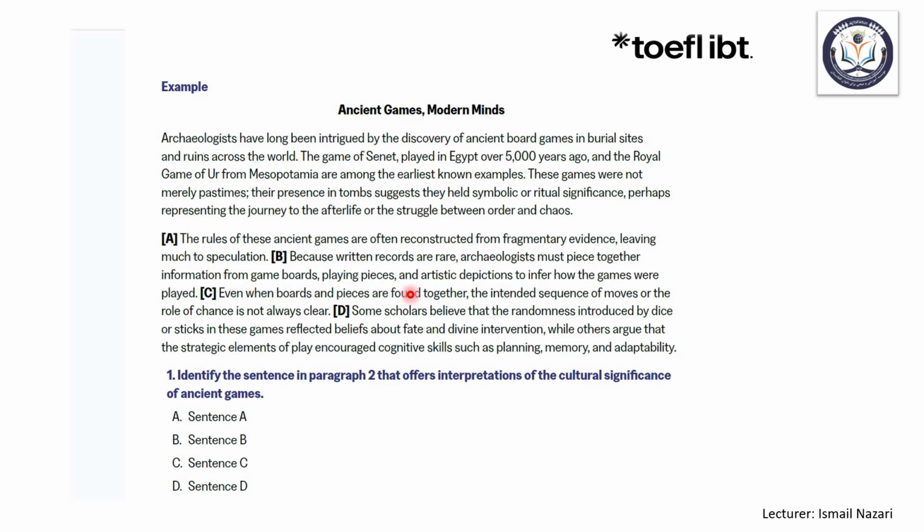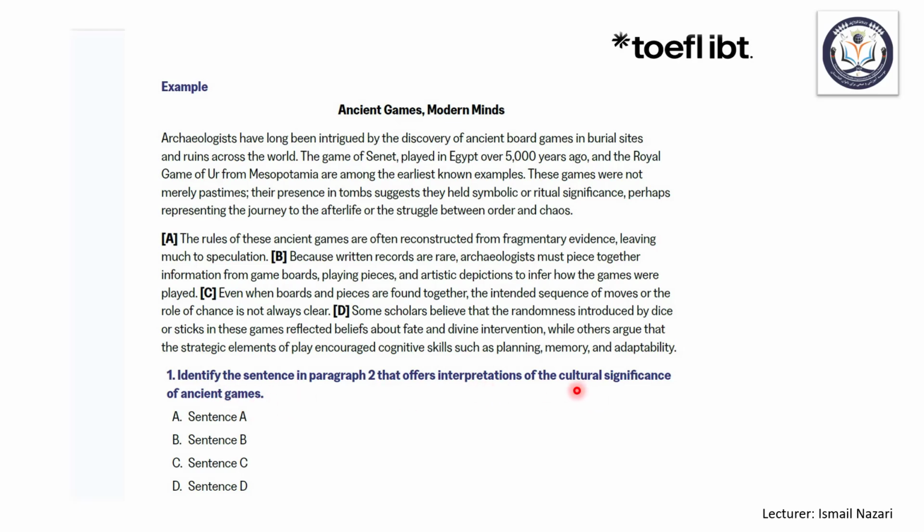We need to read the paragraph, and the first sentence means A, the second sentence means B, the third sentence means C, and the fourth sentence simply means D. We will double click on one, and then it is chosen. We will not have A, B, C as multiple choices. Just the sentence is given, and then we need to select the sentence which gives this information: offers interpretations of the cultural significance of ancient games.